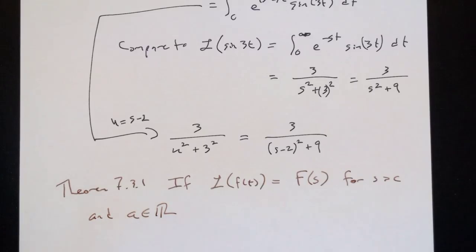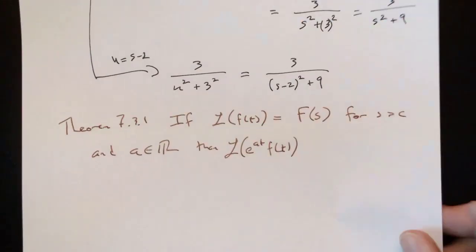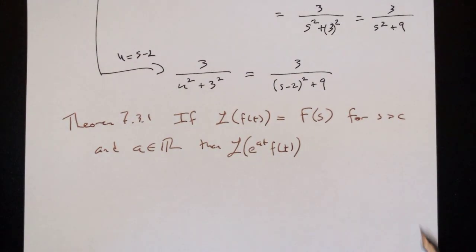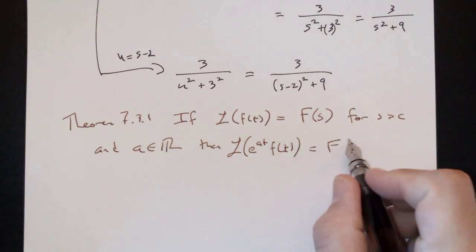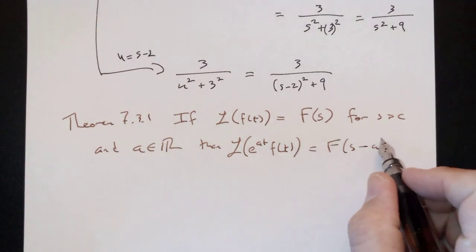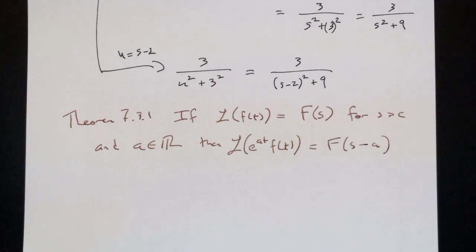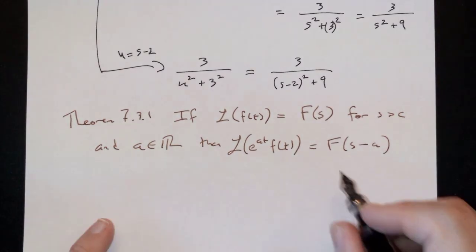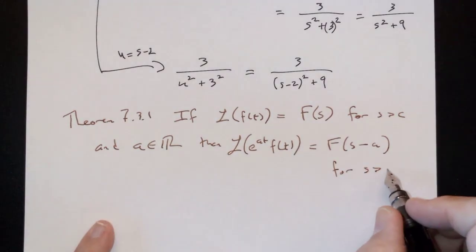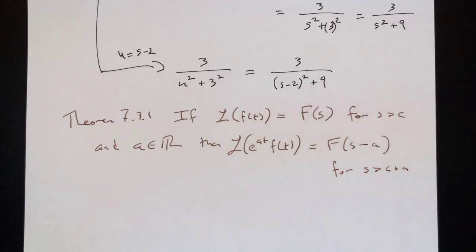If I multiply by e to the at, my Laplace transform is shifted by a. It's shifted to the right.